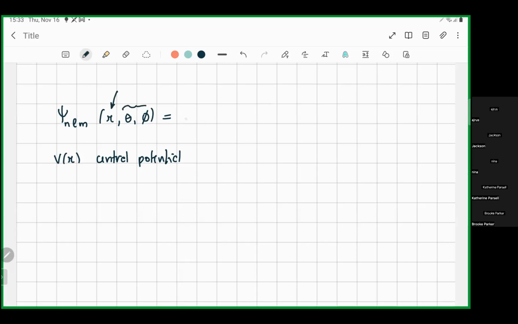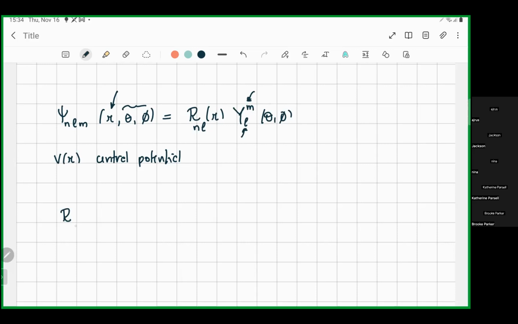The part that depends only on R we already solved, is this big function R, that depends on these 2 quantum numbers, n and L. And the other one is the spherical harmonics, depending on the angles, and on these 2 quantum numbers, L and m.